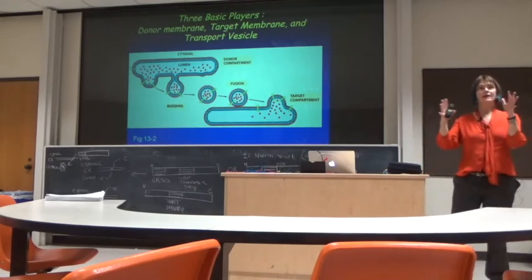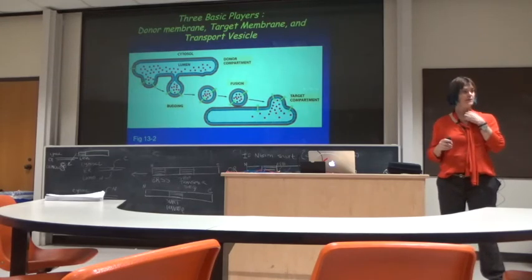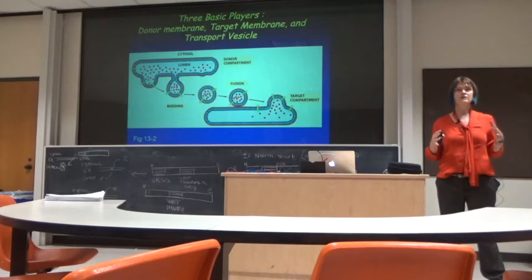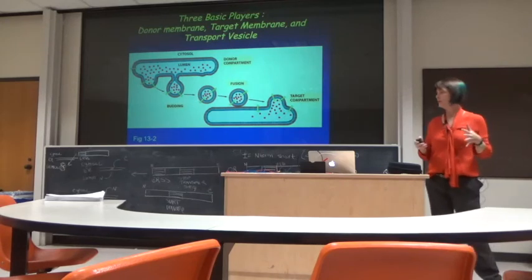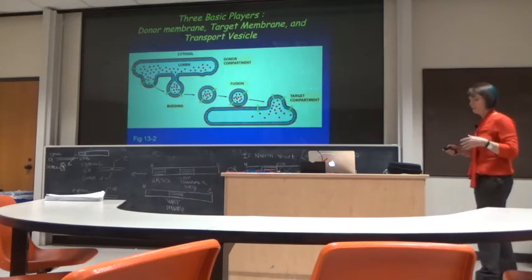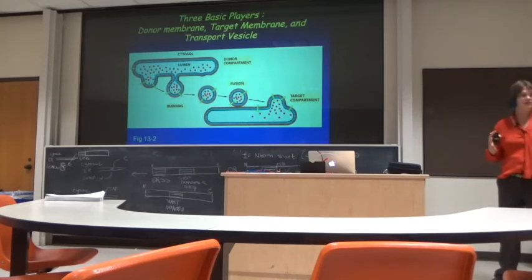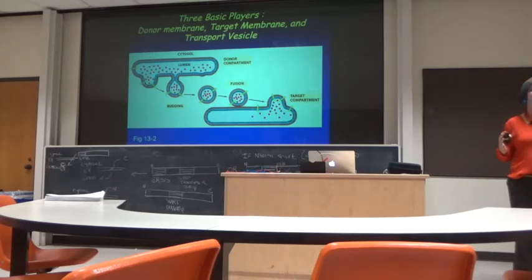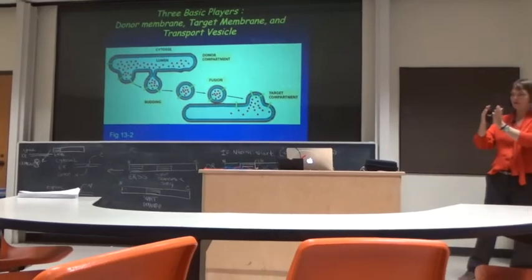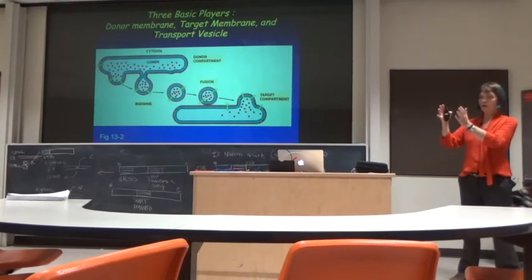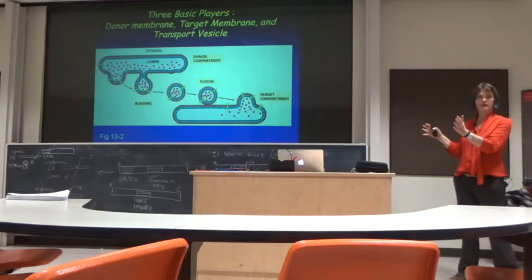We're going to end now, in the last 20 minutes, by starting to talk about the vesicles that move proteins from one compartment to another compartment. And the concept of vesicles moving from compartment to compartment is true for many steps along the secretory pathway, whether we're talking about going from the ER to the Golgi, or going from the Golgi to the plasma membrane, or going from the trans-Golgi network to the lysosome.